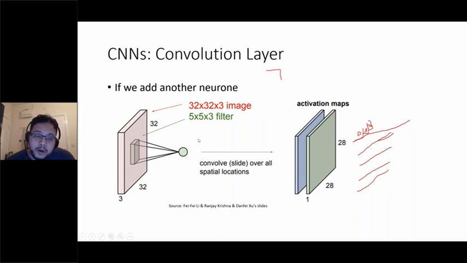We can add another neuron that is specialized on another shape like this. And this neuron will tell me where we have this and where we don't, again zeros and 1. This is the same for another shape. So each neuron is going to slide, or we can call it a virtual neuron, and produce this activation map. The previous neuron, the blue one, did the same thing, and we can have multiples.